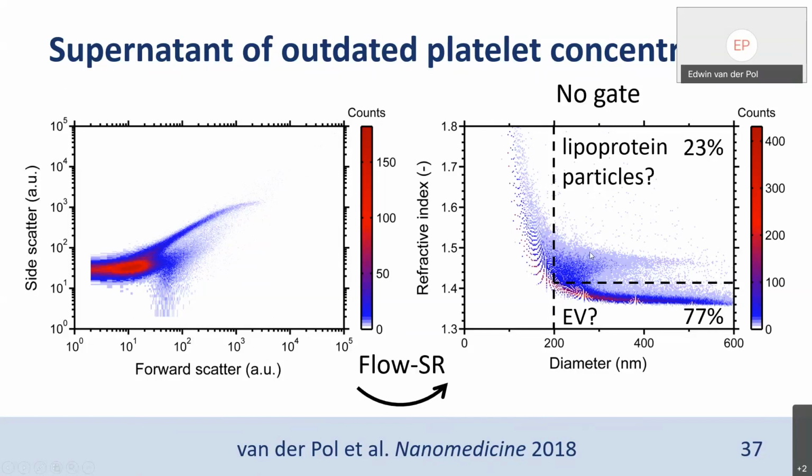So looking at this data of particles larger than 200 nanometer, you can see clearly that there are two distinct populations. And our hypothesis was that the lower population corresponded to vesicles, and that the higher refractive index population corresponded to lipoprotein particles. So to confirm, we labeled the vesicles with CD61, the platelet marker, because this was an outdated platelet concentrate.